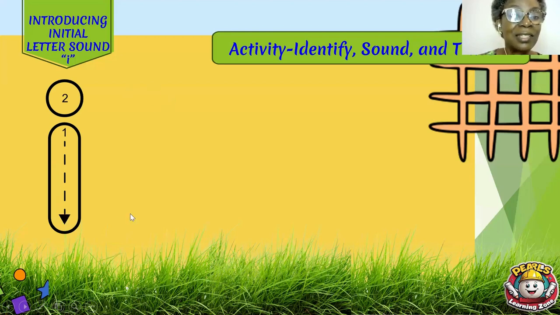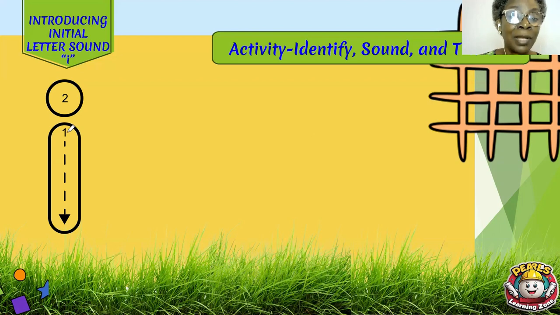You notice that we have some numbers showing us which direction to go, right? That is to tell you that it is important for you to know which direction you are going to move your pencil or writing material so you write well.